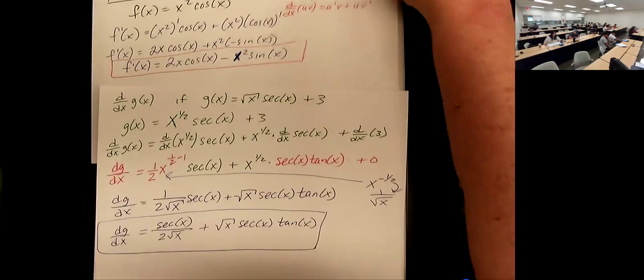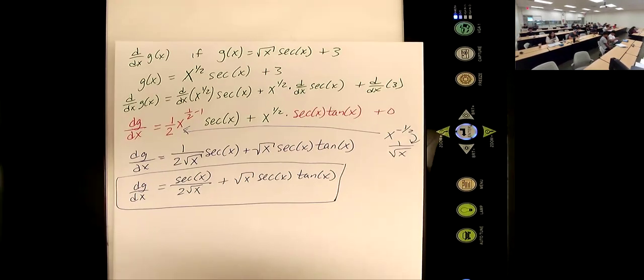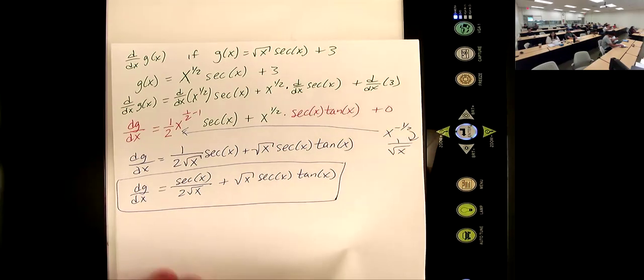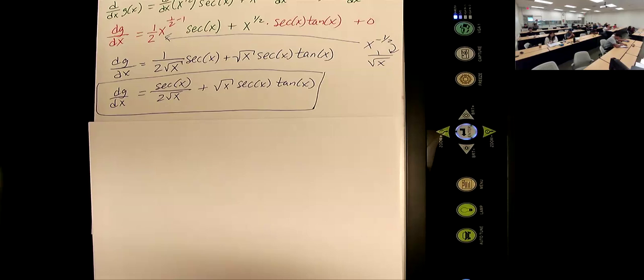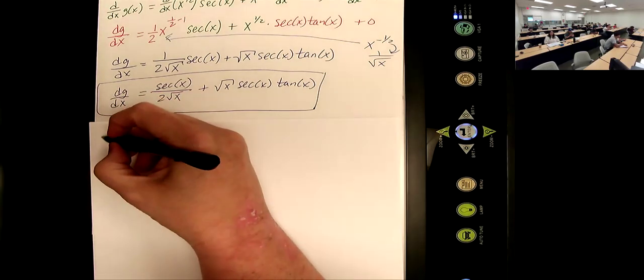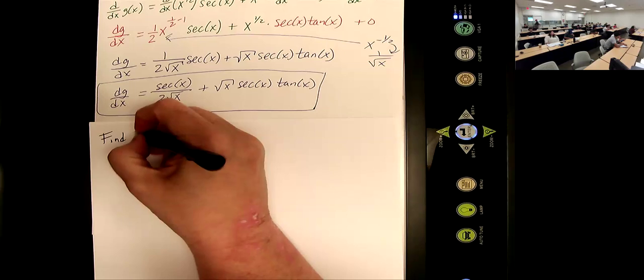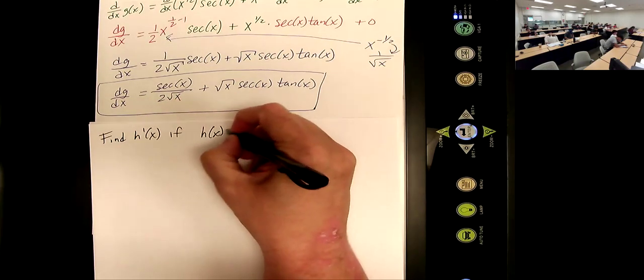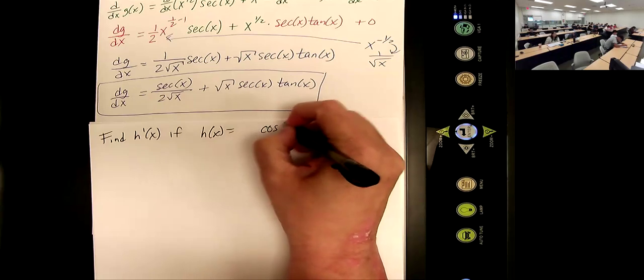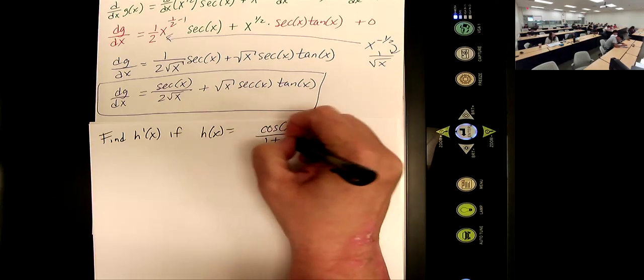All right, let's give you another one. We got to use the product rule a couple times with the trig functions. Guess what else we get to do with the trig functions? Find h prime of x if h of x equals cosine x divided by 1 plus sine x.